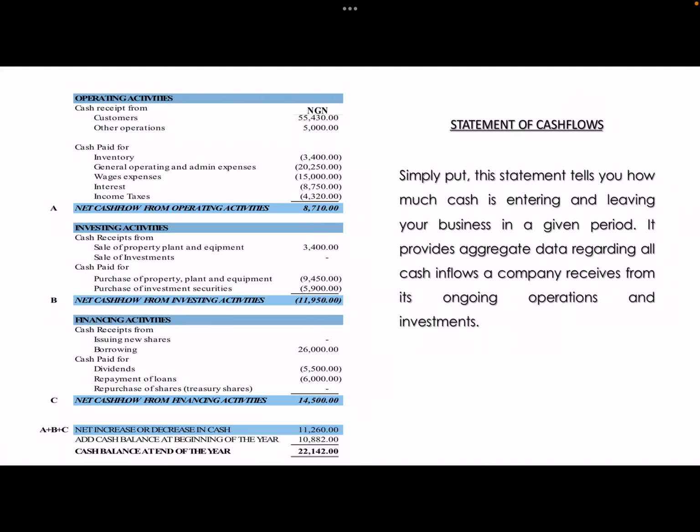So when you aggregate all these cash flows, net cash flow from operations, from investing, and from financing, you have what we call the net increase or decrease in cash during the period.